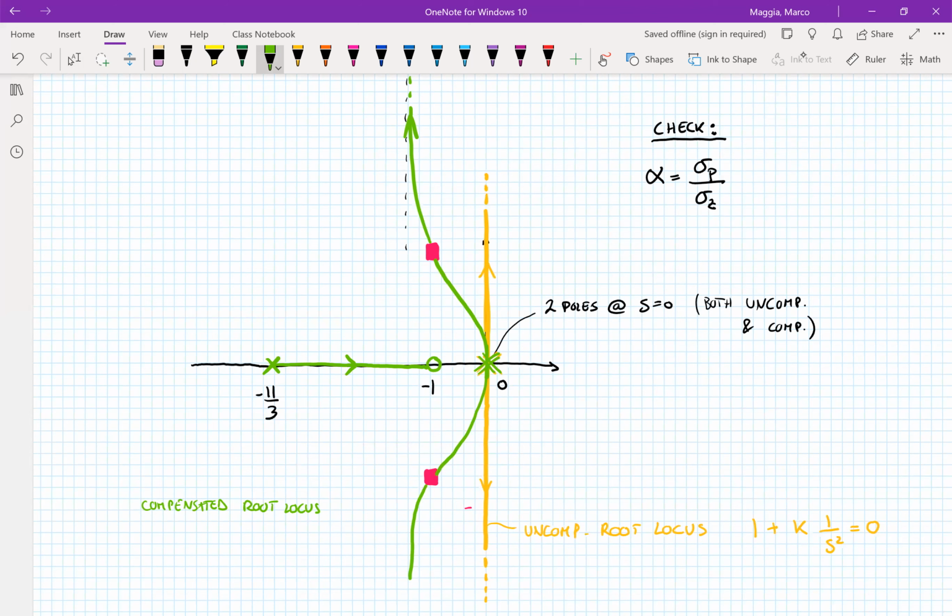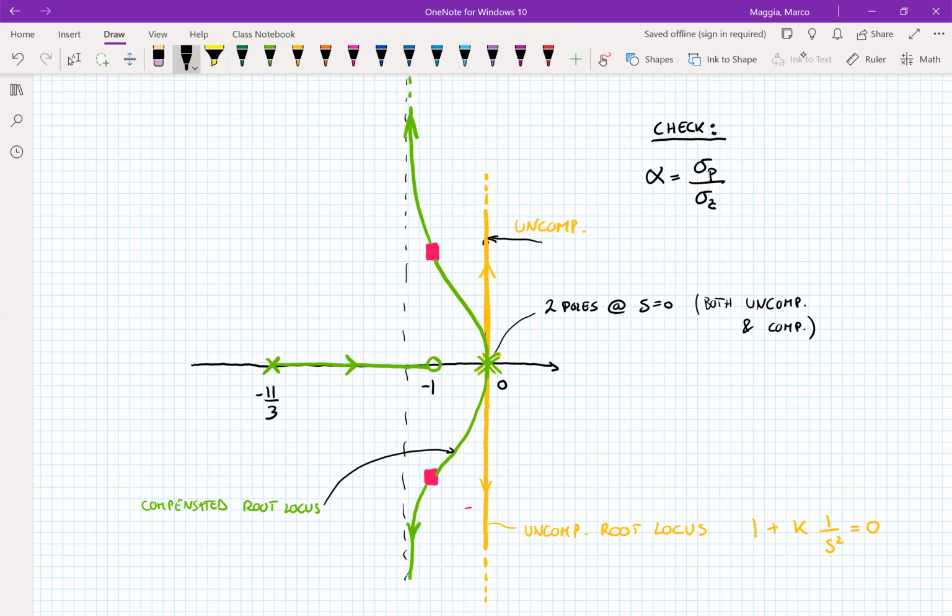But the important thing is here we were able to modify the root locus of the uncompensated system in yellow, already written here. Here we go.